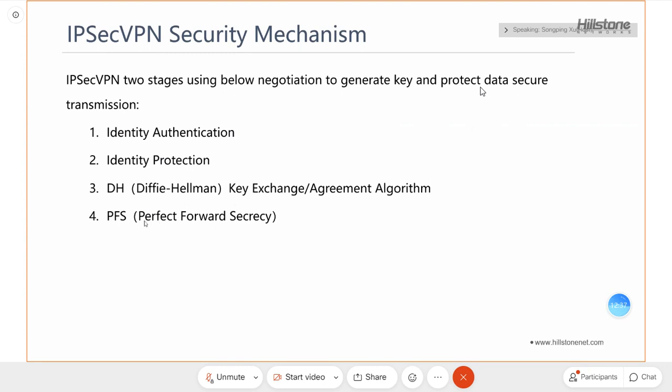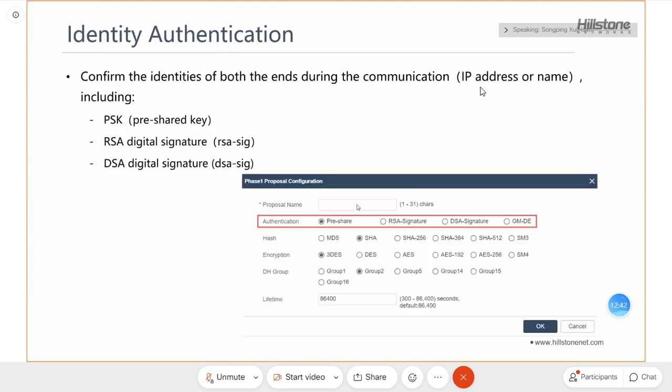And the last one is PFS, perfect forward secrecy. The identity authentication is used to confirm the identities of both sides during the communication by authenticating through the pre-shared key or digital certificate, digital signature, including RSA signature or DSA signature.